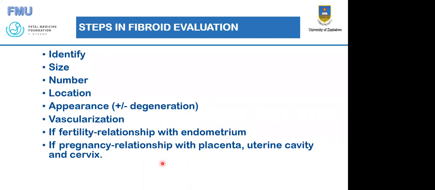The same goes for the cervix. We want to know its relationship with the cervix. Is it an obstructive myoma? Is it causing what you call myoma previa or not? This should be mentioned because it's very important.